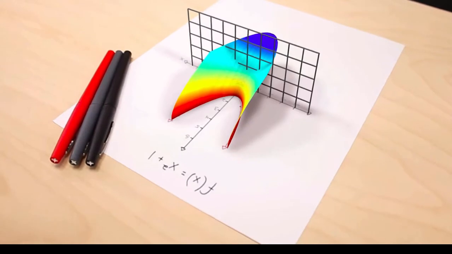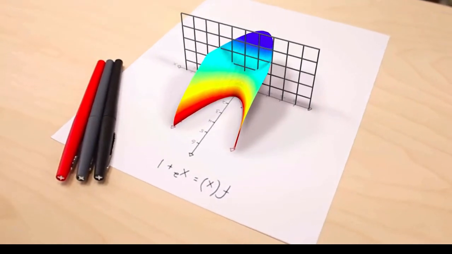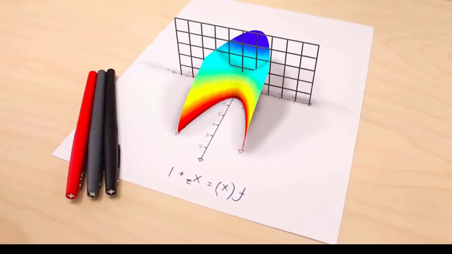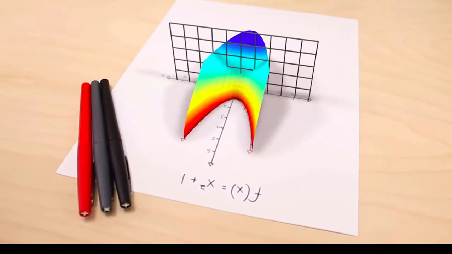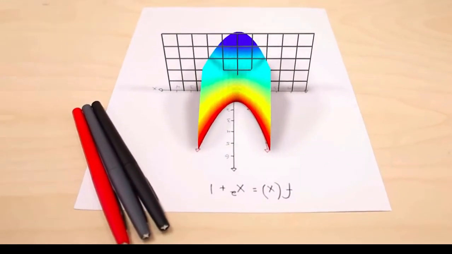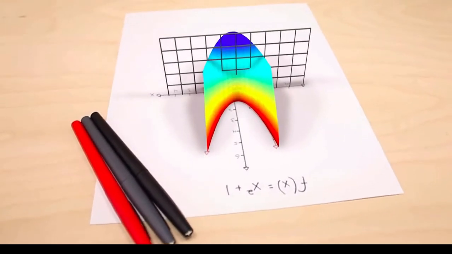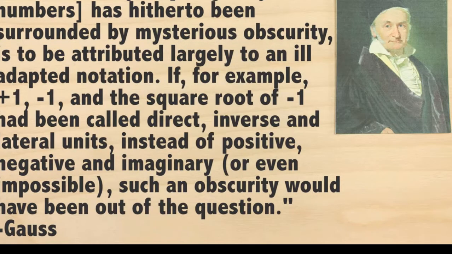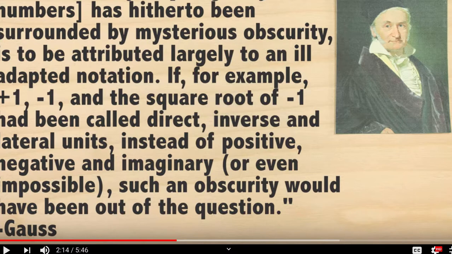So why is this extra dimension that numbers possess not common knowledge? Part of the reason is that it has been given a terrible, terrible name. A name that suggests that these numbers aren't even real. In fact, Gauss himself had something to say about this naming convention. That the subject, imaginary numbers, has hitherto been surrounded by mysterious obscurity is to be attributed largely to an ill-adapted notation.